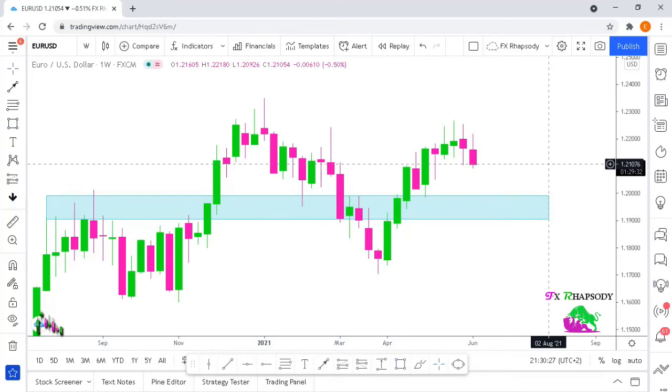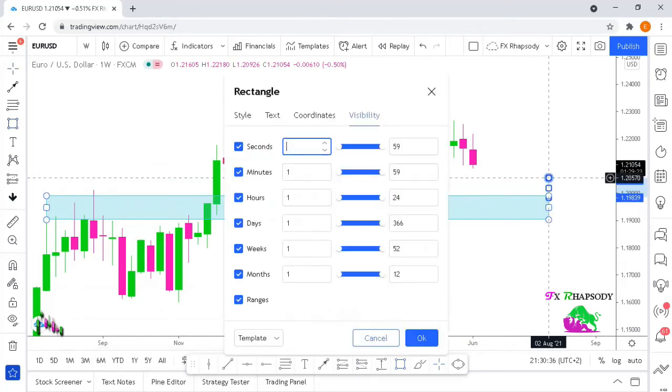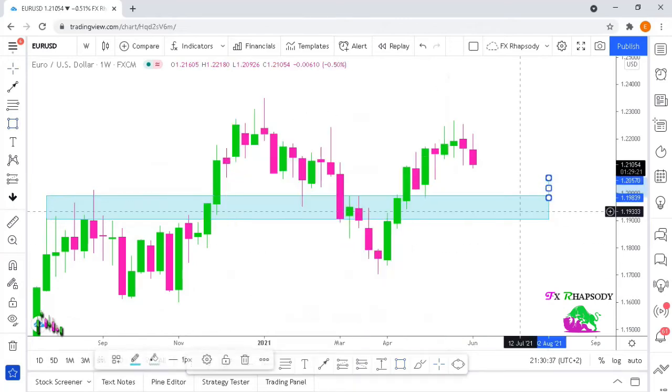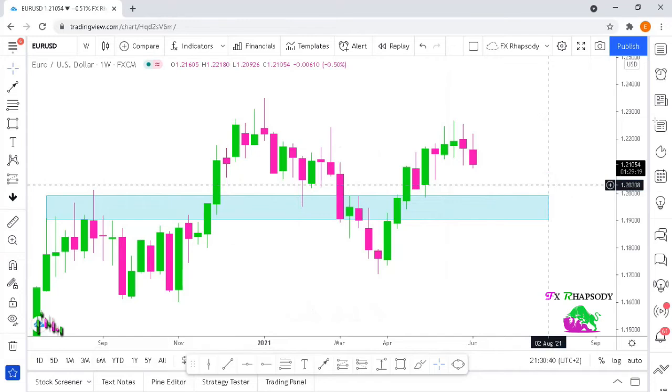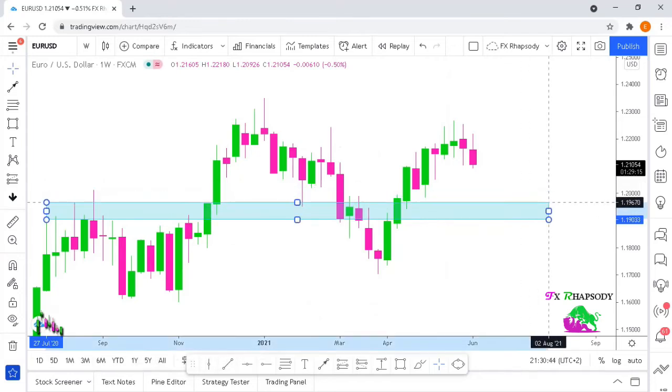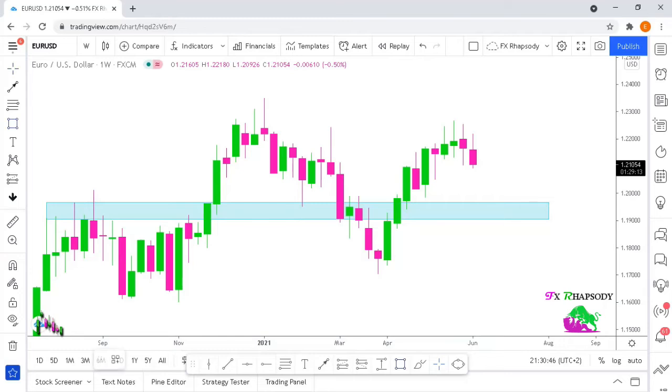We can see this area doesn't have to be this big though. Sorry. Just want to take this out. I just draw a little bit slower. So there we go. We can highlight another area. Let's see here. This is also a nice area over here.